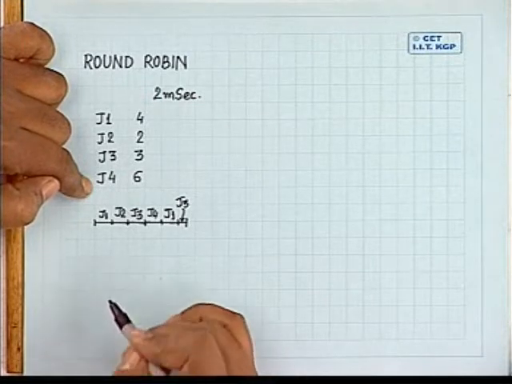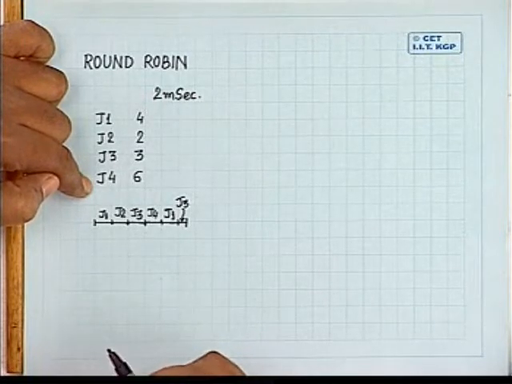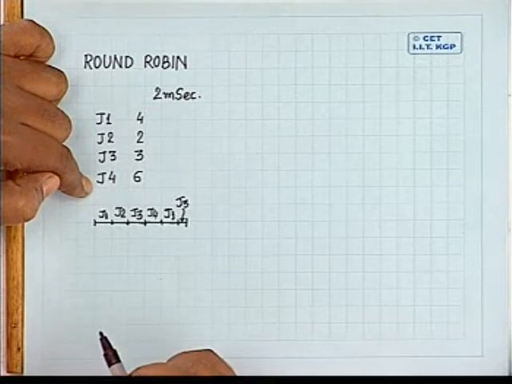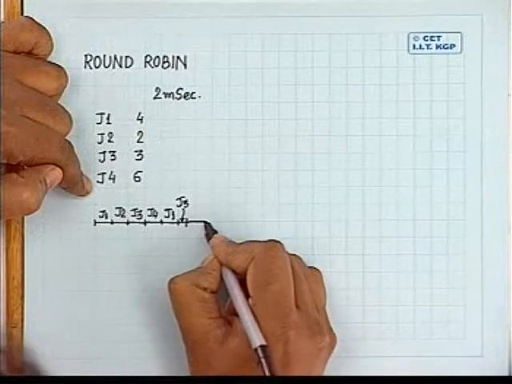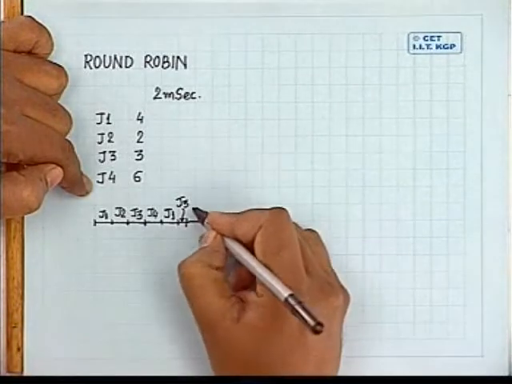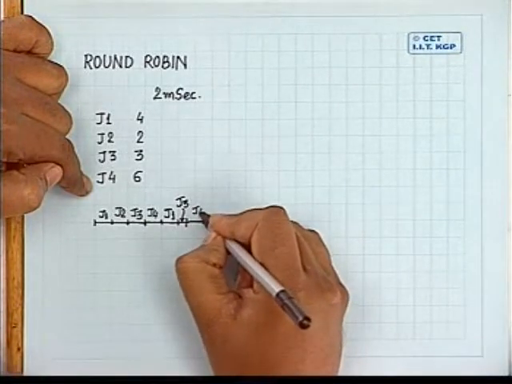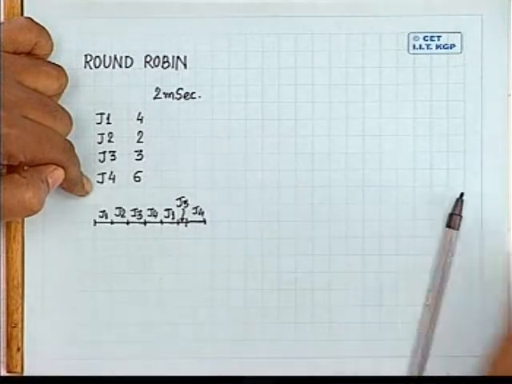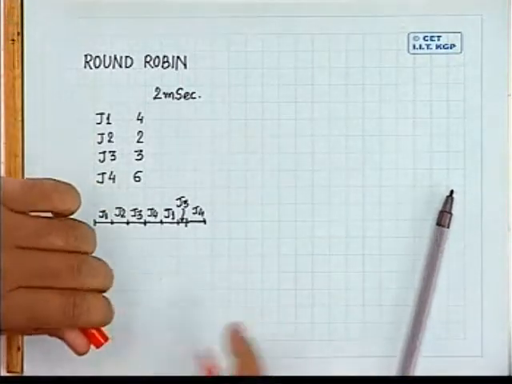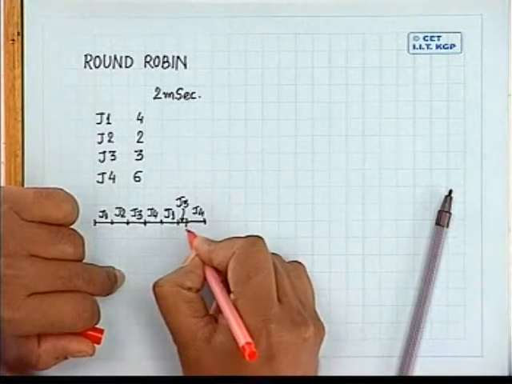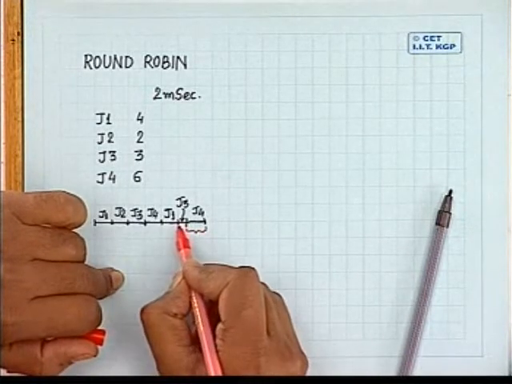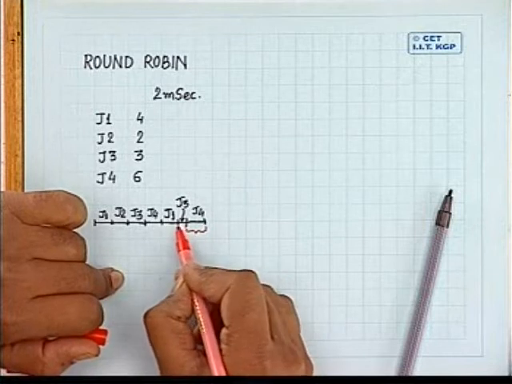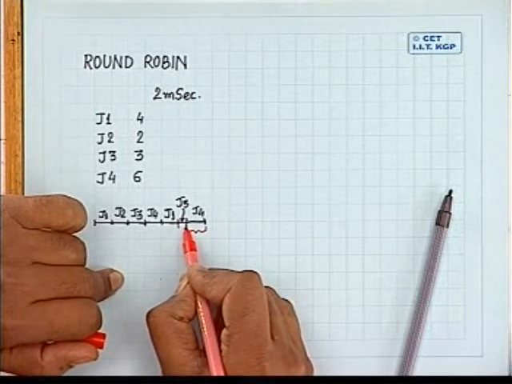And job J4 is in the ready queue for a remaining CPU burst time of 4 milliseconds. Out of that, initially 2 milliseconds will be given to job J4. So here you find that our time quanta starts at this point when job J3 was complete. So this amount of time was for 1 millisecond, and the next 2 millisecond quanta starts from here.